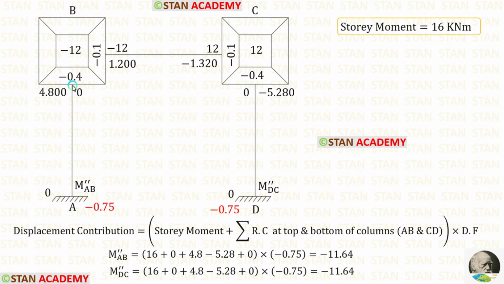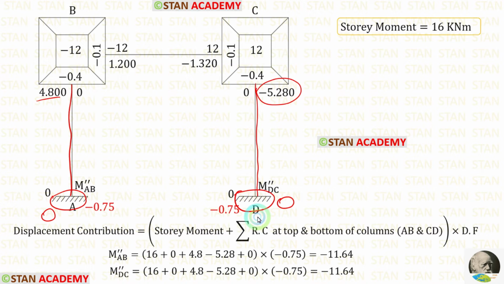Let us take the column AB. In the top of the column, we have the rotation contribution 4.8. In the bottom of the column, the rotation contribution will be 0 because in the fixed ends there will be no rotation contribution. Let us take the column CD. In the top, we have the rotation contribution minus 5.28. We know that in the bottom, the rotation contribution will be 0 because it is a fixed end.